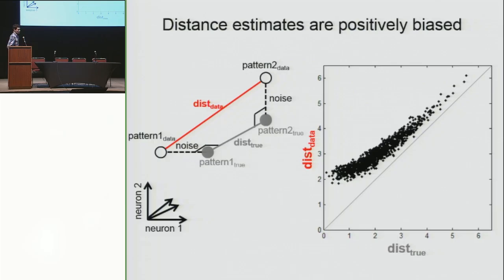Note that distance measures such as the Euclidean distance are by definition positive. They can never be negative, right? That's the way they are defined. And that in itself clarifies that there's going to be a positive bias when there's noise in the data.